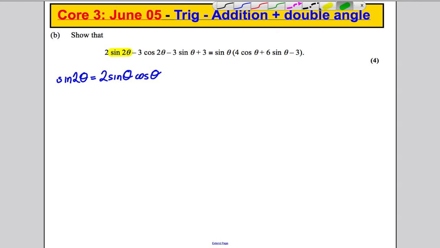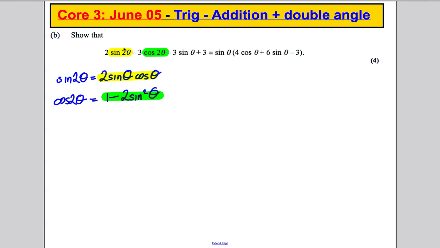Secondly, you have in the previous part just worked out a formula for this, and the formula that you've just worked out for that is cos 2 theta is 1 subtract 2 sine squared theta. Substituting those two in, this one in at the green and this one in where the yellow is, we will hopefully get the left hand side.